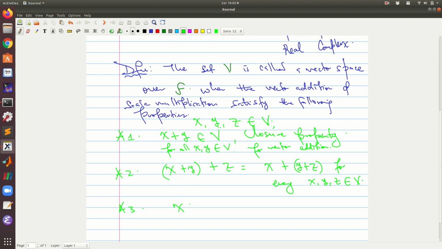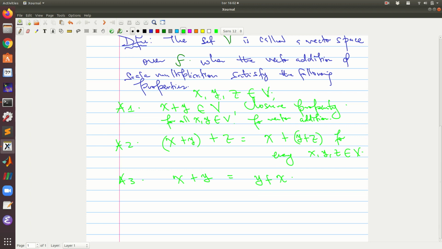A3 tells us that x plus y is the same as y plus x, for every x and y taken from V. Commutativity holds for addition.